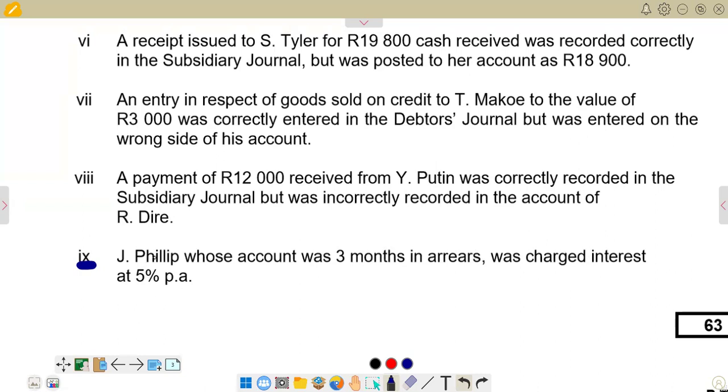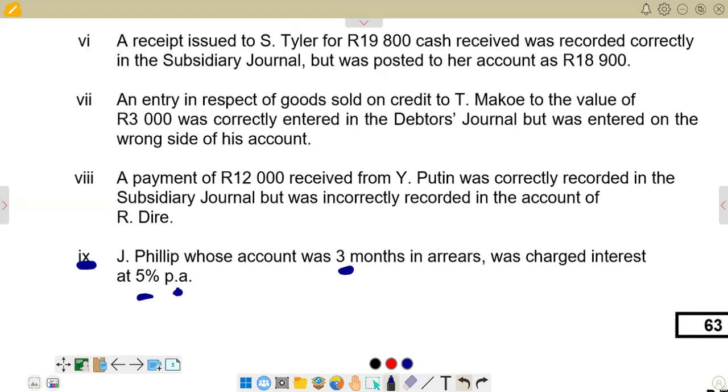So we are supposed to go back there on the list of balances and check the balance that J. Philip is owing. Then we calculate 5% there. But then the 5% that we are going to calculate is going to give us a figure for a year, which is per annum. Then we are supposed to reduce it to 3 months, so that we make a proportion of 3 months, and then that amount is the one that is supposed to be put in that debtors control.